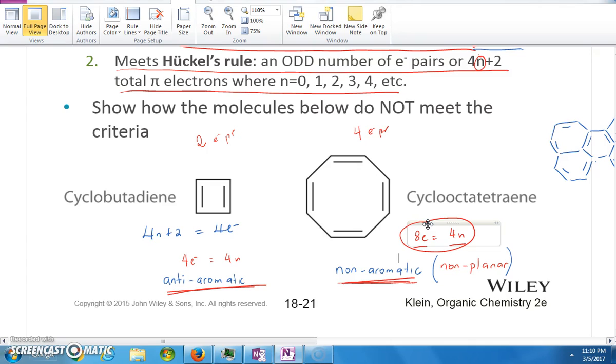And I'm going to explain more about this. But something you need to know is that cyclooctatetraene is not anti-aromatic, rather it's non-aromatic. And we're going to make a distinction between compounds that are aromatic, anti-aromatic, and non-aromatic.